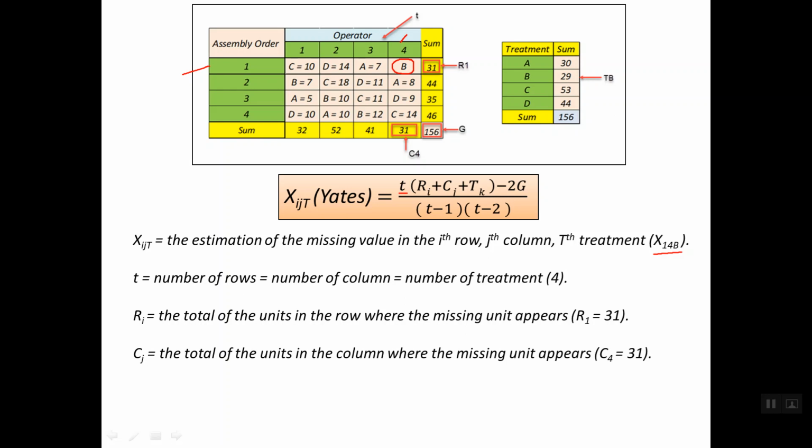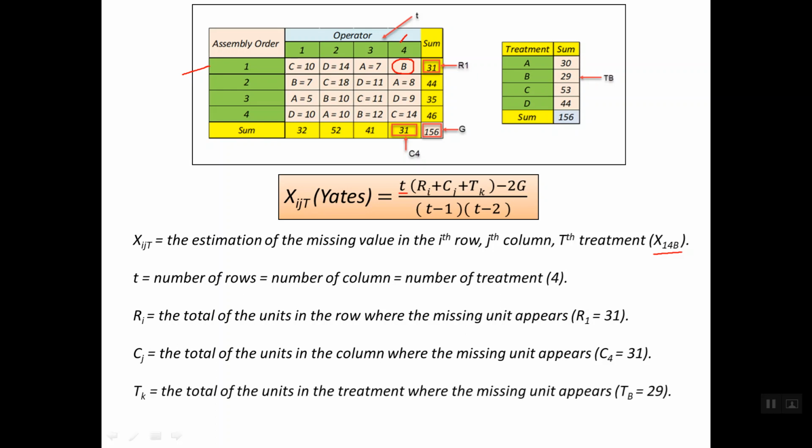And regarding the column, C sub j is the total of the units in the column where the missing unit appears. As we have said, the missing value appears in column 4, so the total of the observations for column 4, C4, is equal to 31.